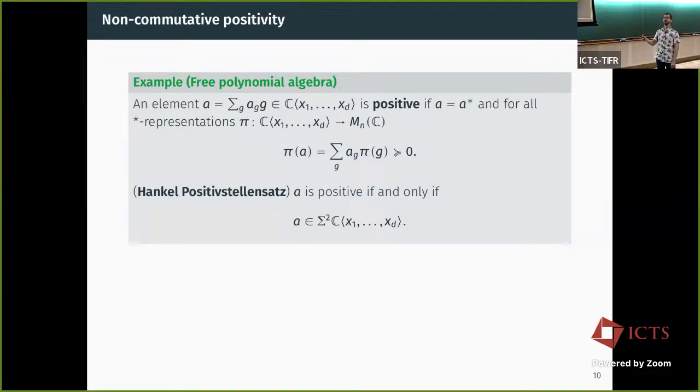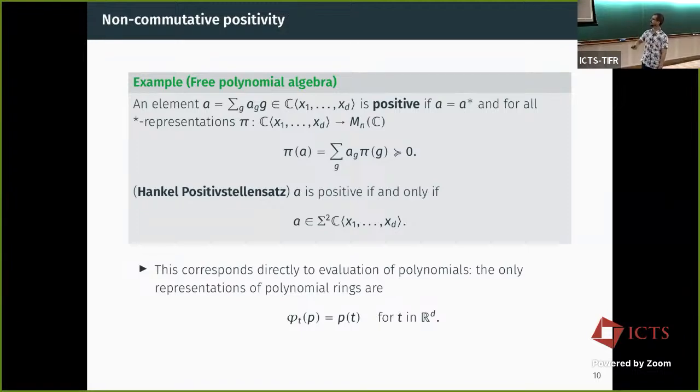Because in polynomial algebra, the only assignments to those variables of matrices that we should consider are the diagonal ones. There are very few representations of the polynomial algebra, right? All variables commute, so they are all direct sums of one-dimensional ones. But here, this positivity statement is actually much stronger. So of course, if we require something much stronger, then we get a much stronger result.